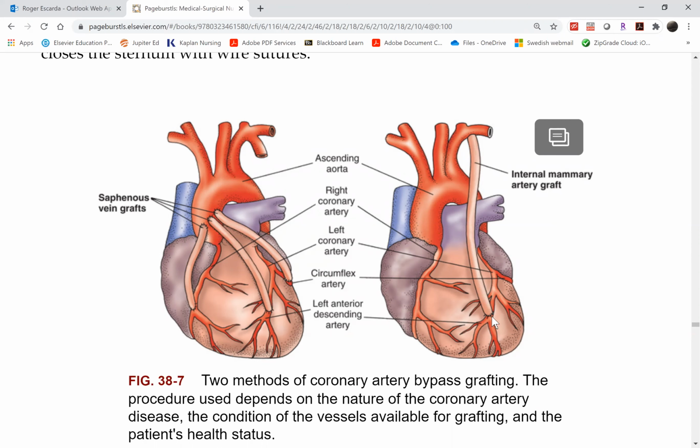It's built for the purpose. Whereas these are veins, so they're not as strong as arteries. Imagine the high pressures that these grafts have to withstand. So this is way better than your saphenous veins.